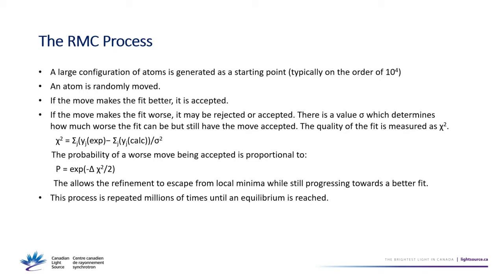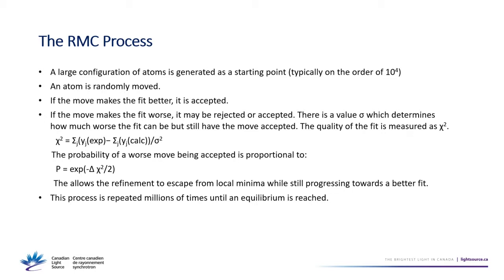And there's a value sigma, which is a very important value for RMC, which determines how much worse the fit gets but is still accepted. You can see here, the quality of the fit is measured by this value called chi-squared. Basically, you sum up for all the data points the difference between the expected and the calculated, and then you divide that by sigma squared.